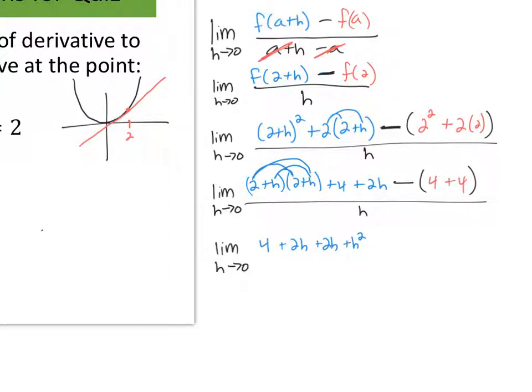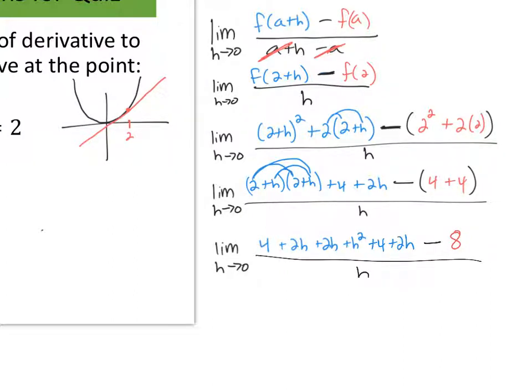Now I got to deal with the 4, bring the 4 down, so plus 4 plus 2h, minus 8. That 8, 8 minus 8, all over h.